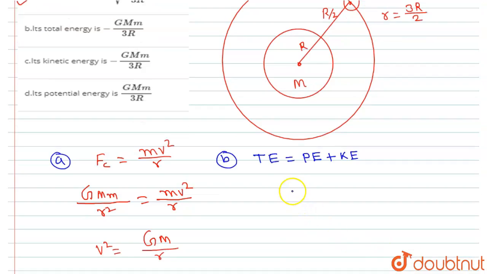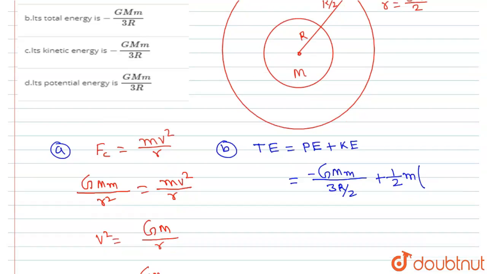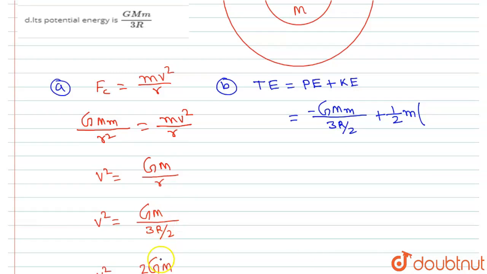Now the potential energy is equal to minus GMm/r, and r is 3r/2, plus the kinetic energy, which is 1/2 mv², and v we have found earlier: v² is equal to 2GM divided by 3r. So we can put 2GM divided by 3r.